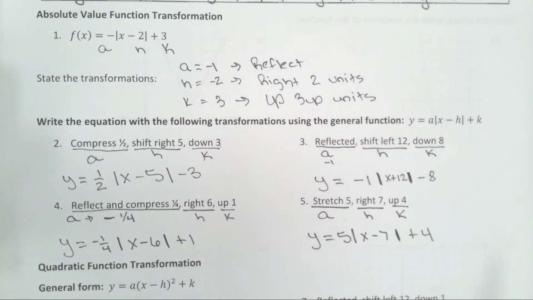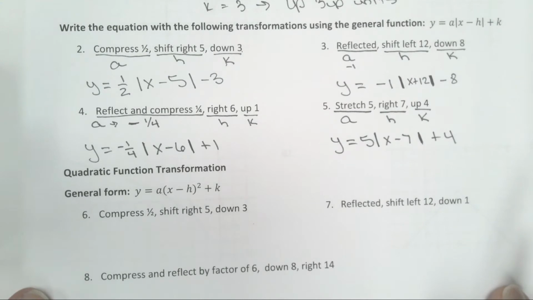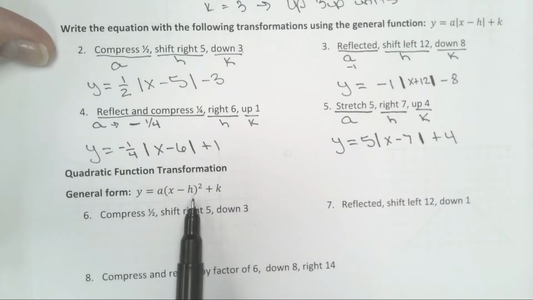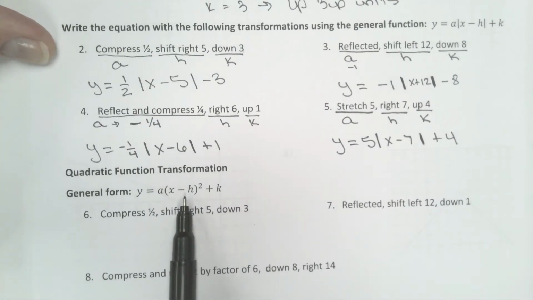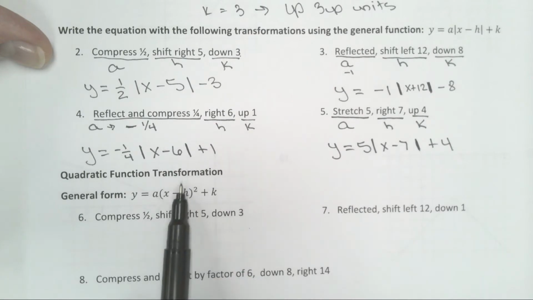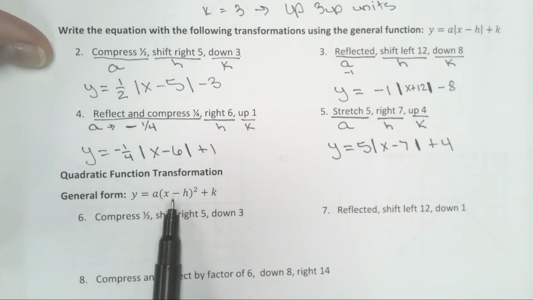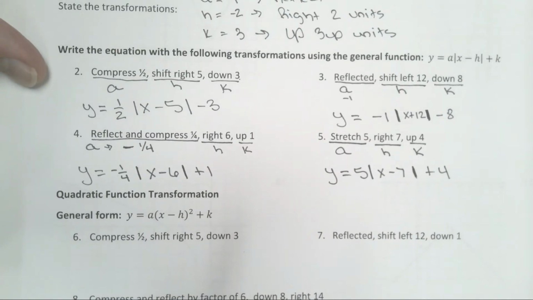The great thing about this and why we're doing these 4 equations together is A, H, and K all do the same thing. It's just the general form that's changing. Now instead of absolute value, now we have parentheses with an exponent. So let's do this again with our quadratic.